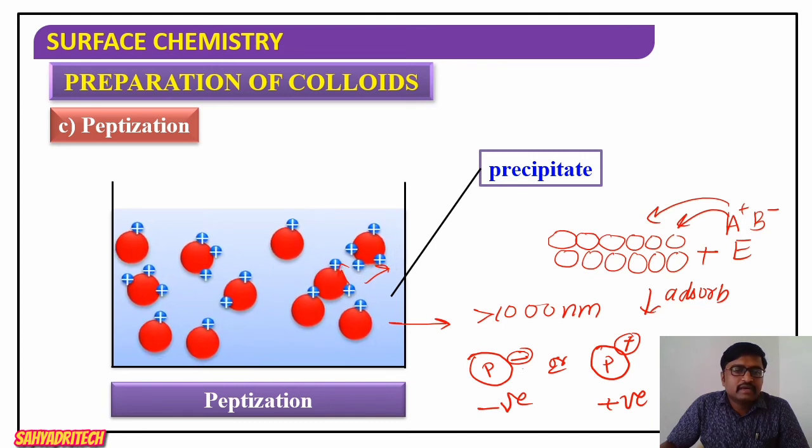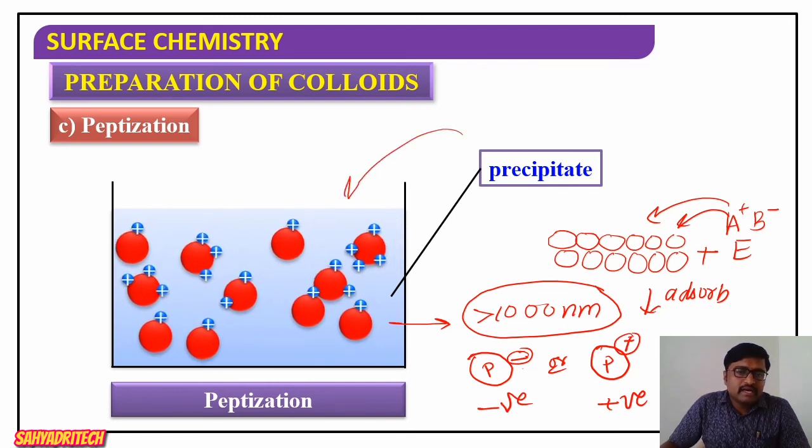Diagrammatically, earlier all particles existed together, therefore the size of the particle is greater than 1000 nanometer. Now they adsorbed cations of the added electrolyte, therefore the particles move away from one another. Now the size will be in the range of 1 nanometer to 1000 nanometer.